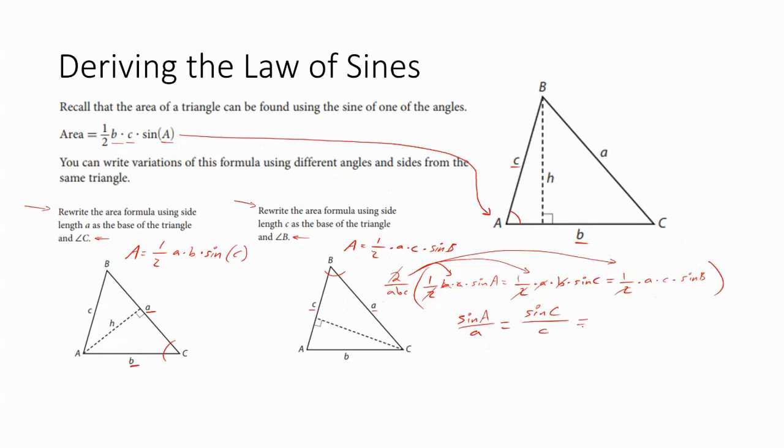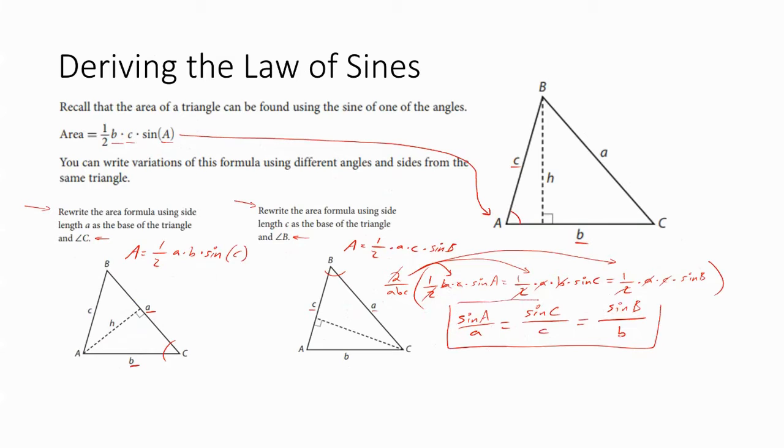Just remember, big letters, angle vertices. And then lastly, A cancels out with that A, C cancels out that C, and all that's left is that B. And again, the 1/2s disappear because we multiplied by that 2. And then we have sine of angle B over side B.